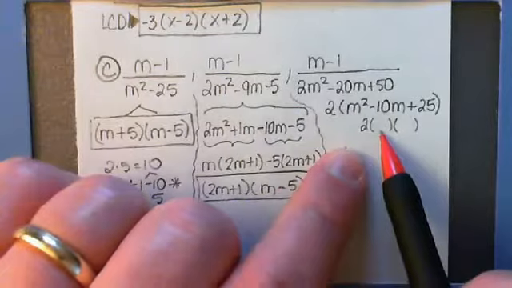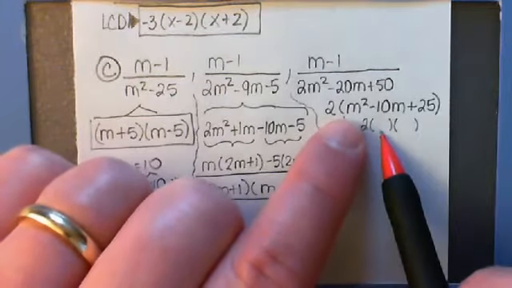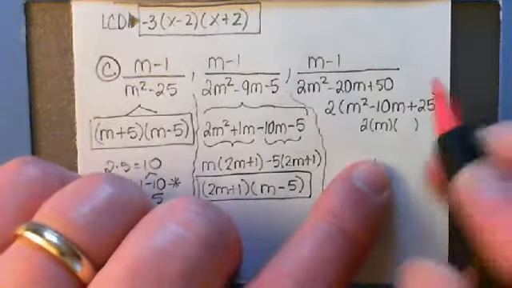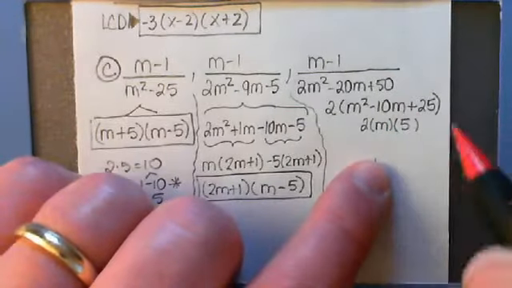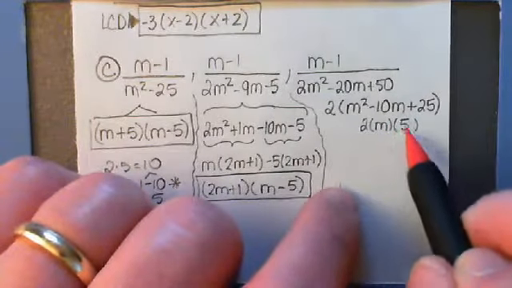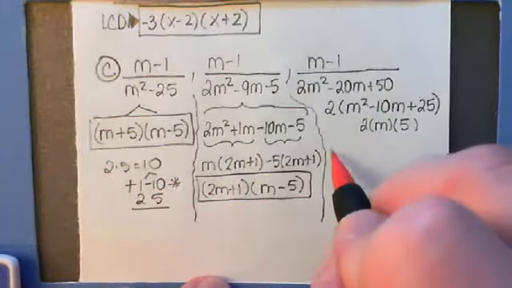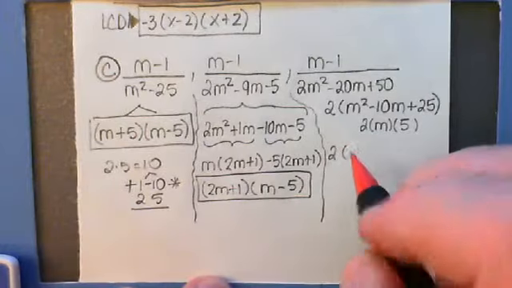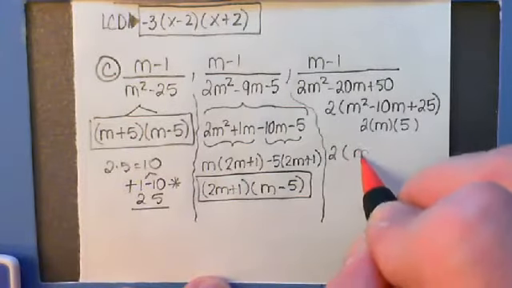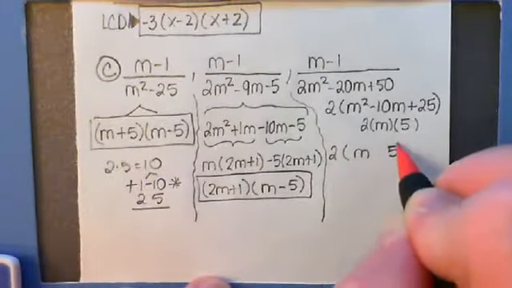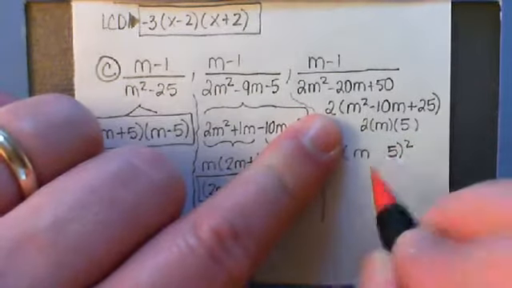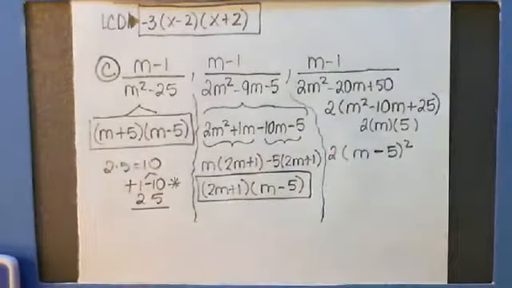Well, to fill in the blanks here, I need to do the square root of the first, which will become m, and do the square root of the last, which will become 5. And then I ask, 2 times m times 5 gives me a 10. Yes, it does. So that means this becomes 2 times m minus 5 squared, and the deciding factor, if it's a positive or negative, is right there. Because it's a negative, I put a negative.